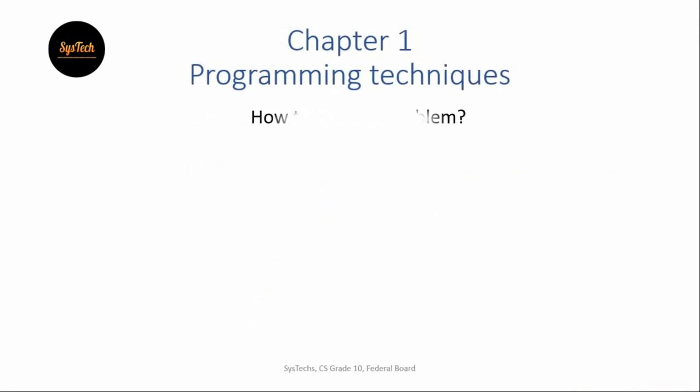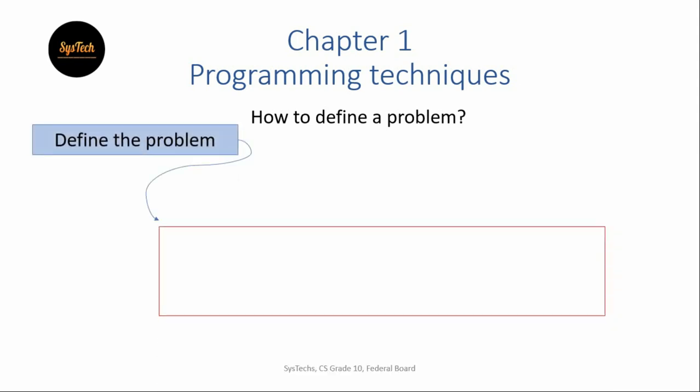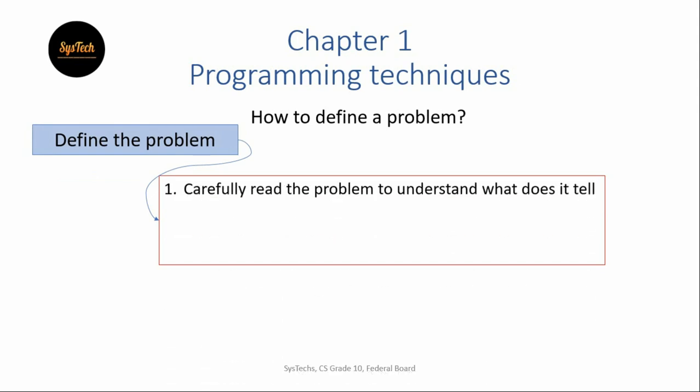So the next thing is how the programmer should define the problem. So there are certain steps. Number one, carefully read the problem statement. What the problem statement is, read it carefully. This is also called the description of the problem.